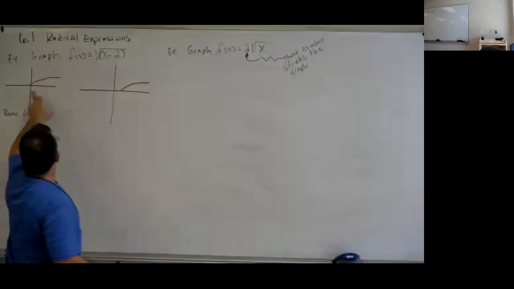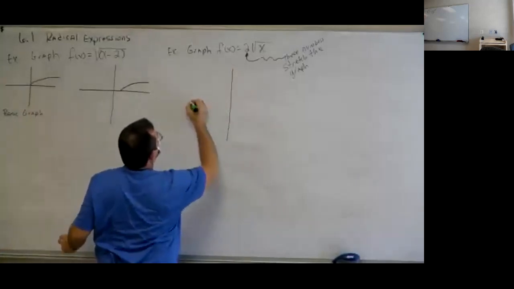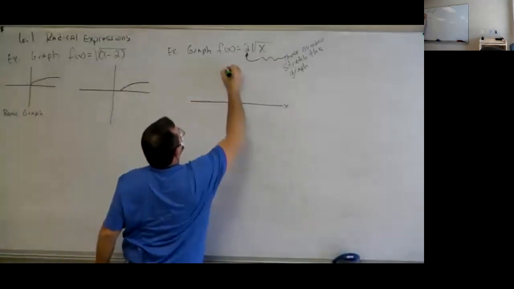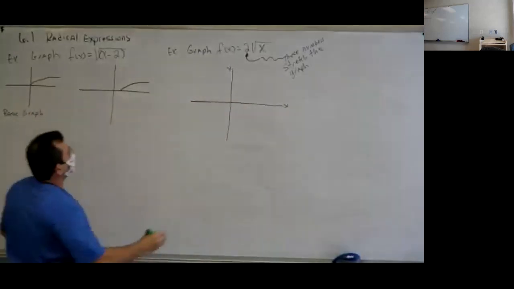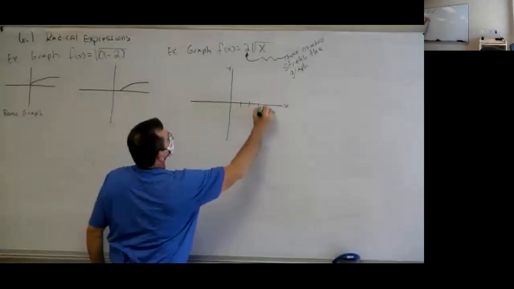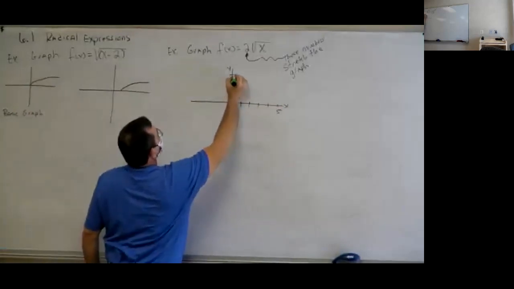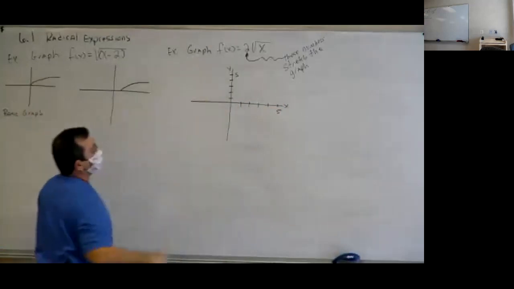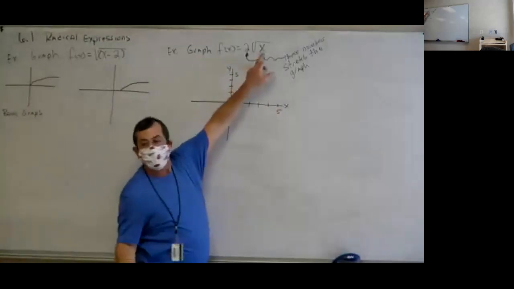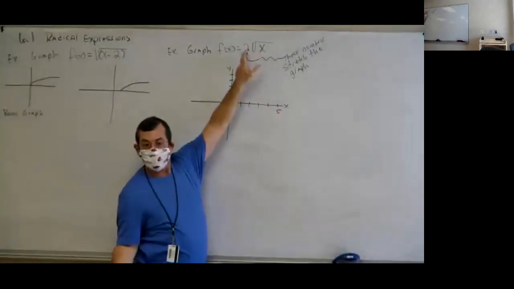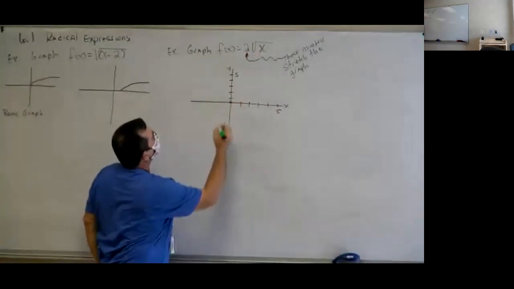So what it would look like if you were to graph this: if I put a 0 in there, square root of 0 is 0, 0 times 2 is still going to be 0. So it's still going to sit around here at 0.